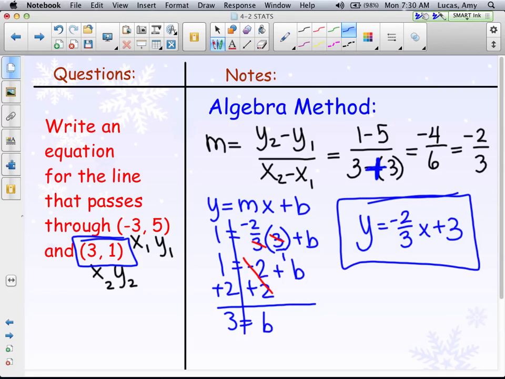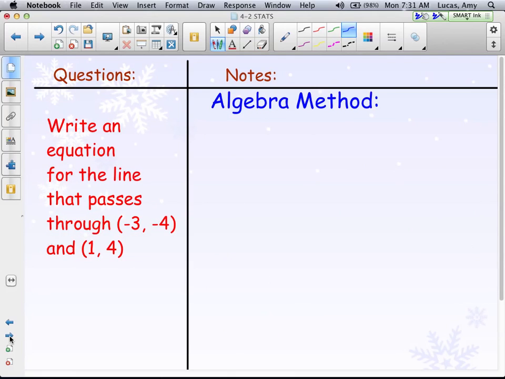So the first method, graphing, only works if you've got smaller numbers that you're working with so that your graph isn't huge, and it only works if your intercept is an integer. And your intercept doesn't have to be an integer. It could be a fraction or a decimal, okay? So the algebra method always works, the graphing method sometimes works. It's up to you if you want to try that graphing method first. I'm going to focus on the algebra method for another one.